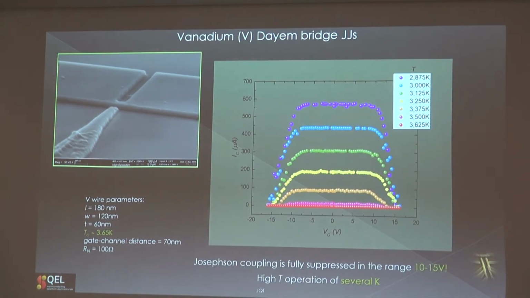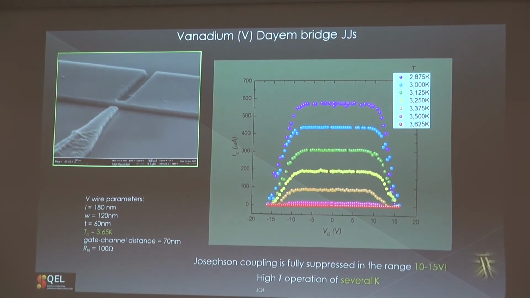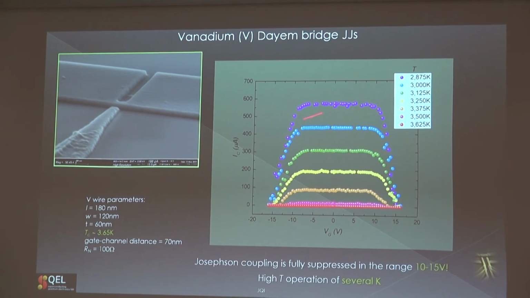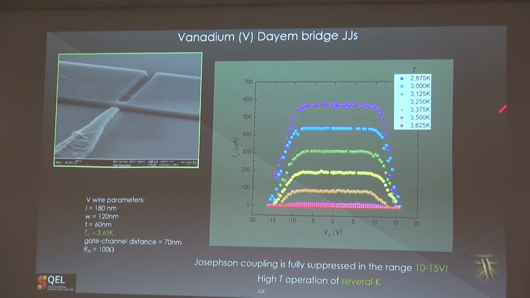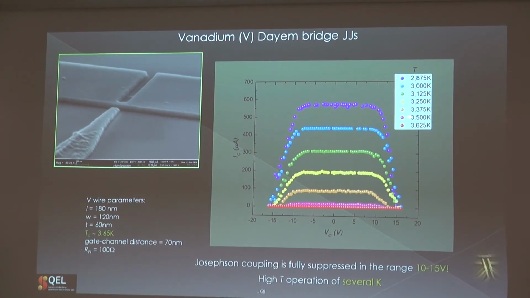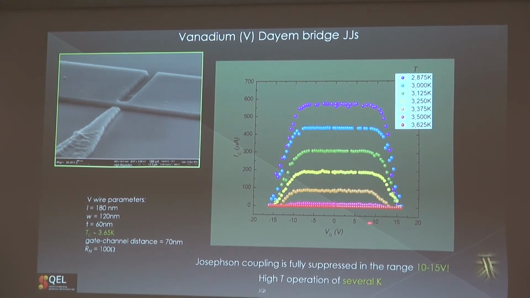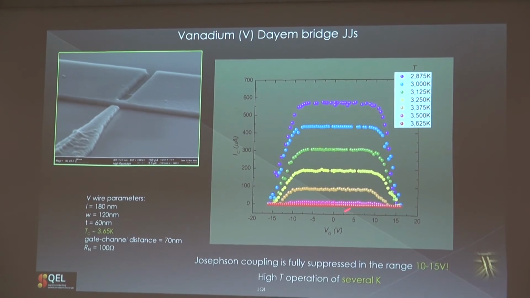Now I want to show you the result for this kind of transistor. They typically have around 1.5 milliamps of critical current at 2 Kelvin. Here we start from 2.8 in our dilution fridge. You see that we are able to completely suppress the supercurrent below 15 volts, and by reducing the distance, I guess we can go down to a few volts.